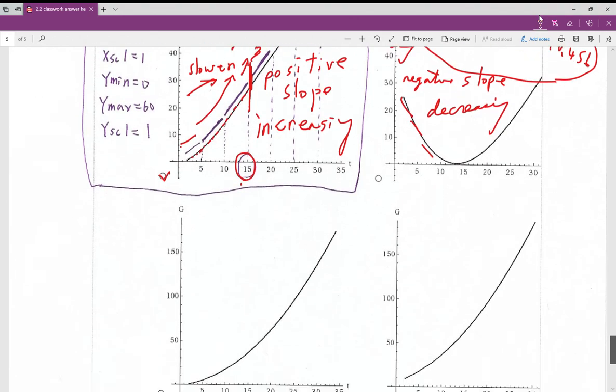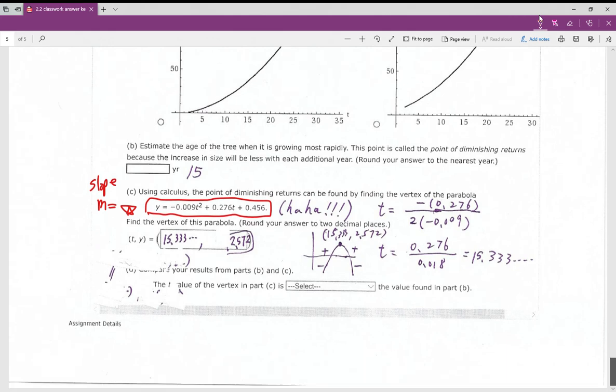When you increase slower, the slope formula will be different. Okay, so let's try to answer this question. When does it increase the fastest? When the year is number 15. Okay, and you don't know this. I say, haha, you don't know.